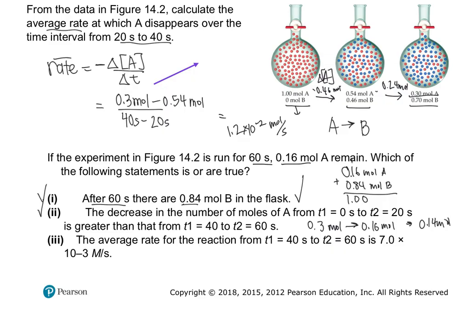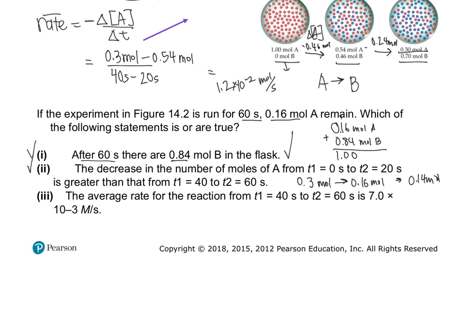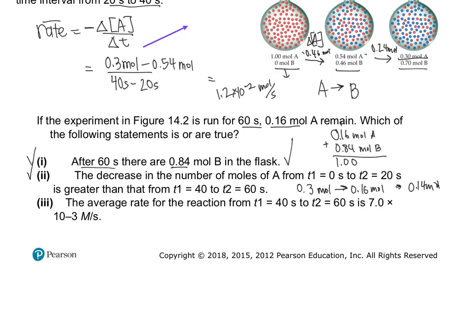And then the average rate for the reaction from 40 to 60 seconds is 0.7 times 10 to the negative 3 molar per second, so let's just calculate it. We'll do rate equals negative, because it's a reactant disappearing, change in A over change in time. We know it went from 40 to 60 seconds, so we'll do 60 minus 40, and at 60 there was 0.16 moles, minus 0.3, because at 40 seconds we had 0.3 moles.